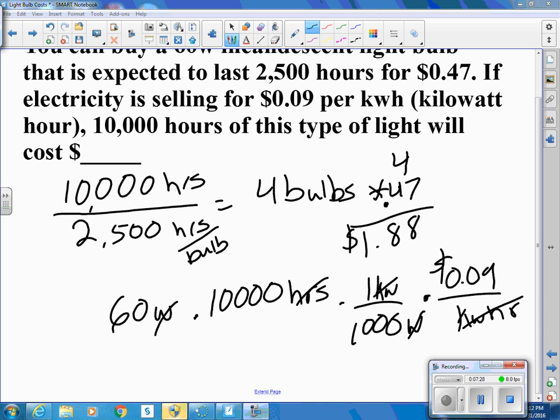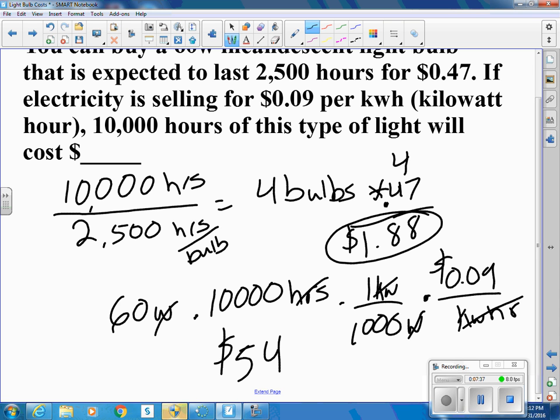Turns out that that cost is going to be $54. The cost of the light bulb itself is small compared to the cost of using the light bulb.